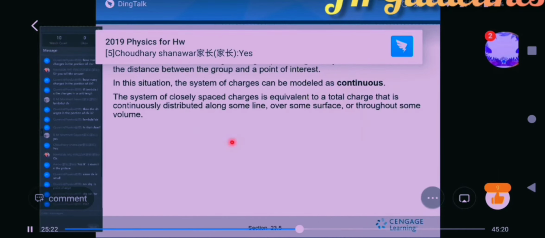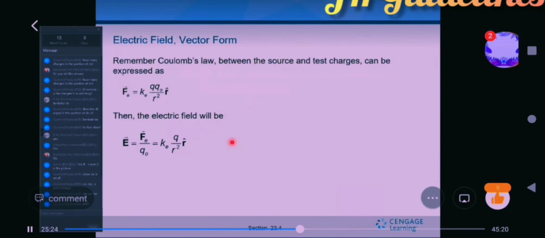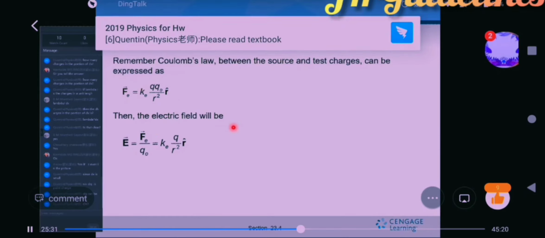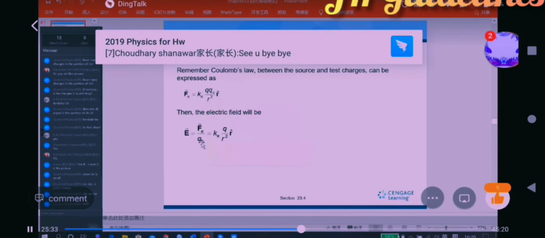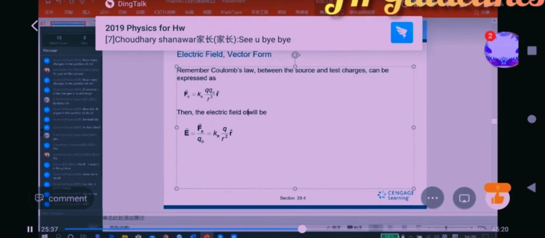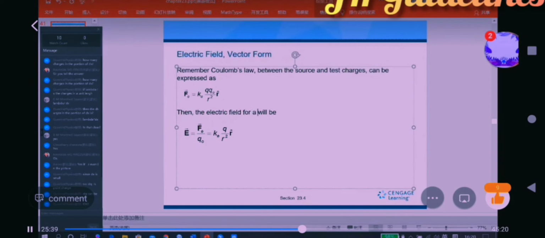Now let me come back here, the original. Remember that the electric field between the source and test charge can be expressed like this. So the electric field for a point charge of Q will be like this.